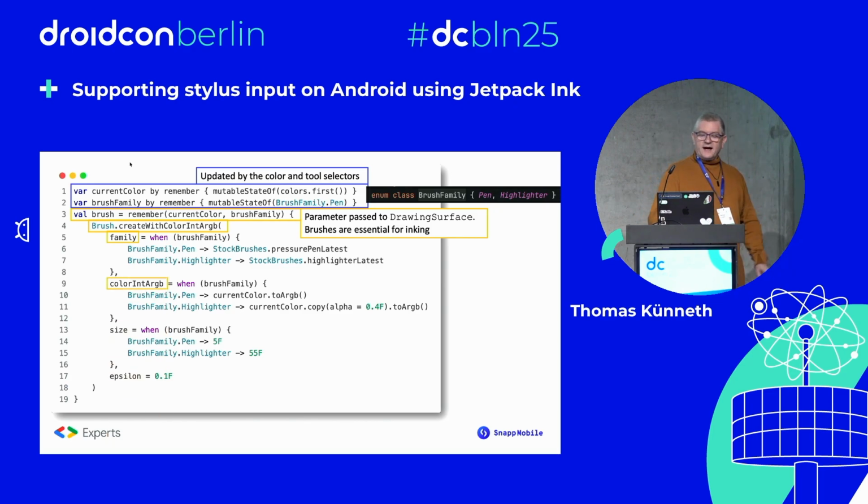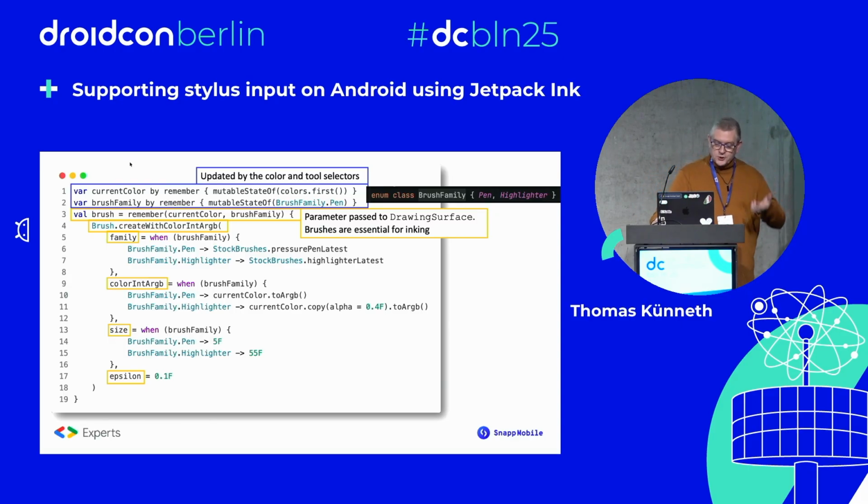Then obviously the color, the size, which influences how big the stroke will be. And then there is this epsilon value, which is a sort of detail property which is used if you implement zooming in features. I'm not doing this in my sample app, so I'm using this with the default value that Google suggests us to use.